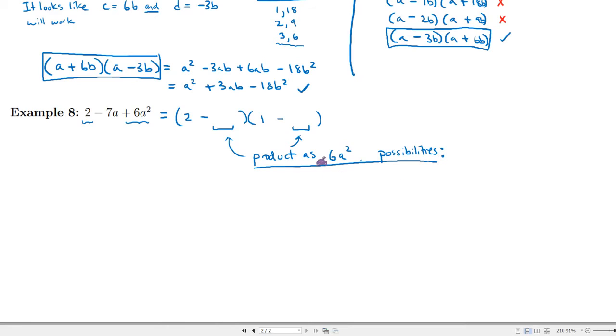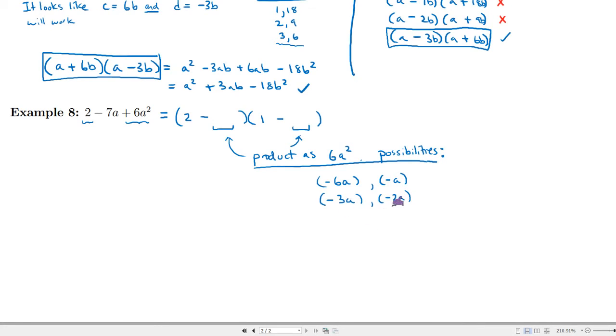We could have a negative 6a and a negative a, right? That product will be 6a squared. We could have negative 3a and a negative 2a.